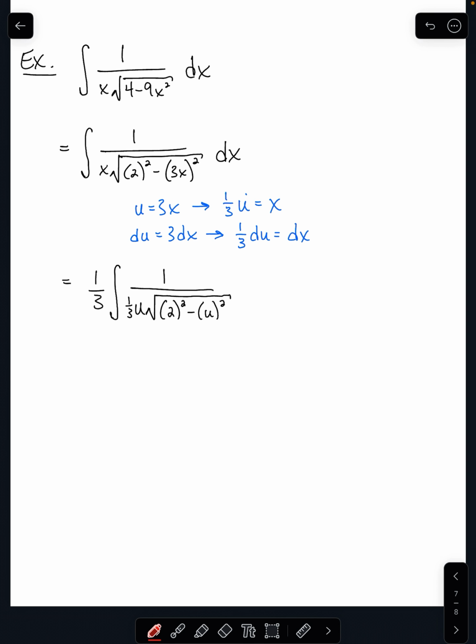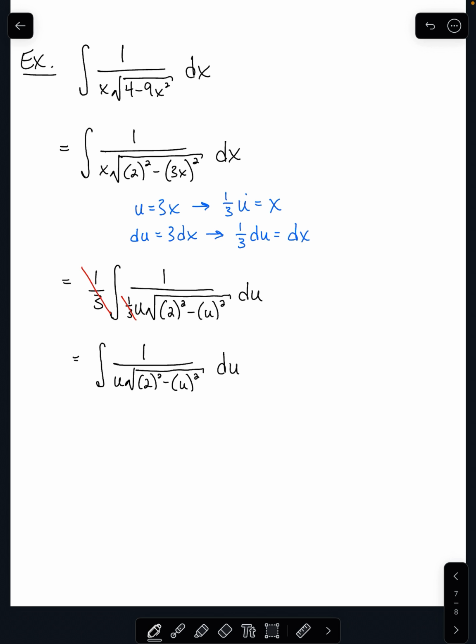But when that happens, we have a 1/3 in the top and bottom, canceling each other out. So we are now left with the antiderivative of 1 over u times the square root of 2 squared minus u squared du.